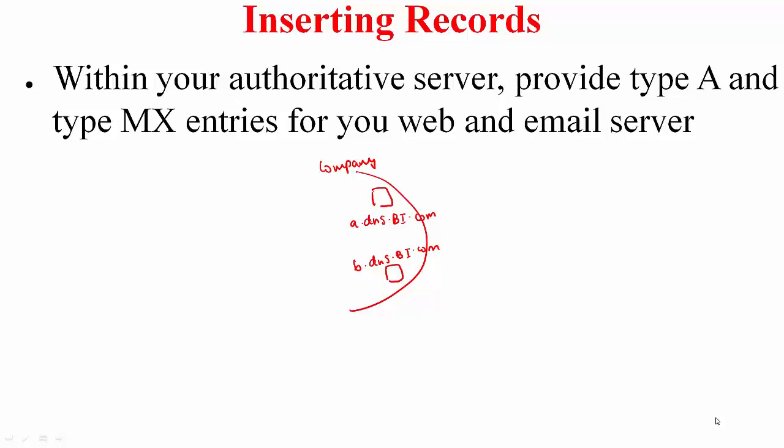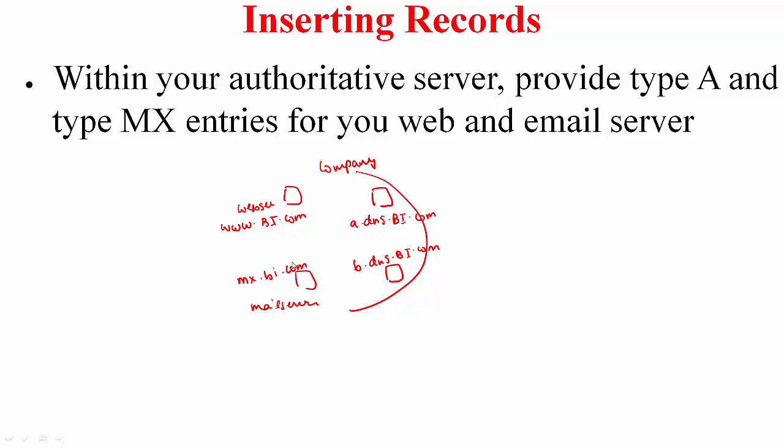Now apart from these authoritative DNS servers, your company also has a web server and a mail server. Let me call the web server by this same name. This is the host name corresponding to this, and the mail server as mx.bi.com.